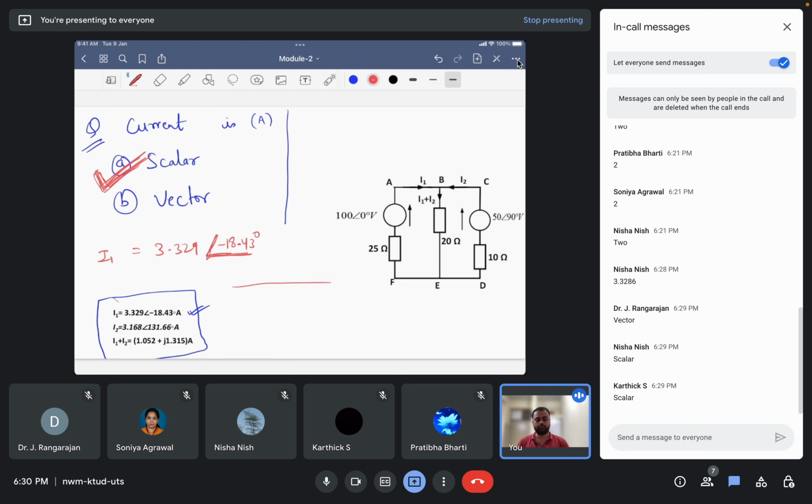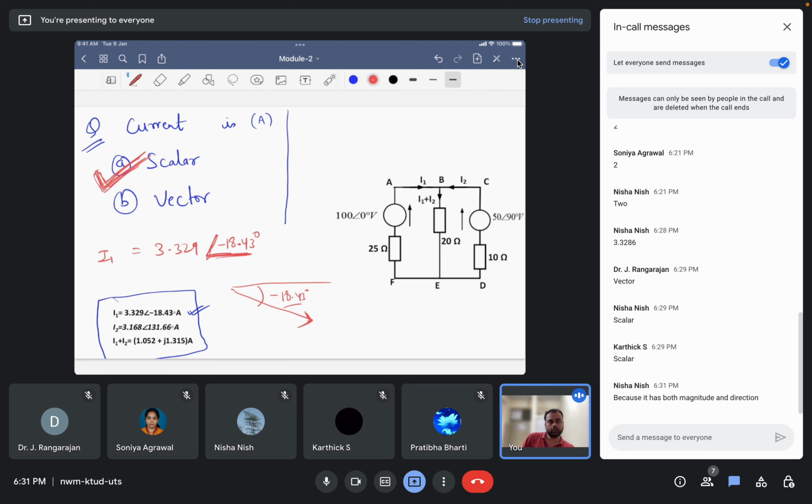For example, if this is our x-axis, here it is saying that the angle is minus 18.43. So is this angle giving us the direction? So again, I will ask all the students who have answered scalar, how is this a scalar quantity if the direction term is associated here?